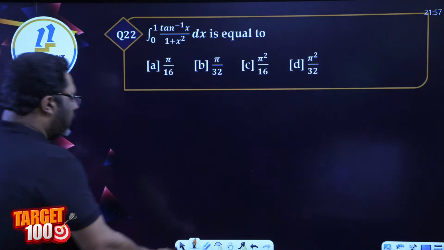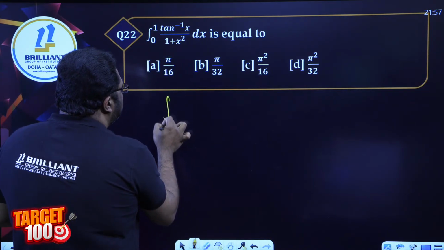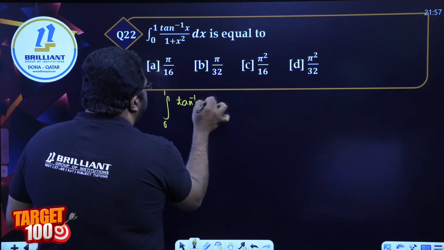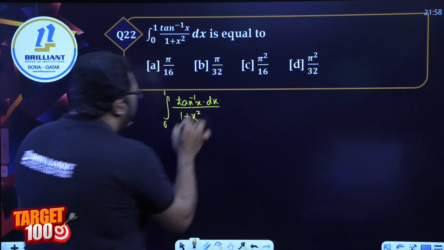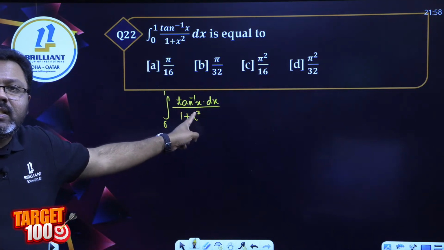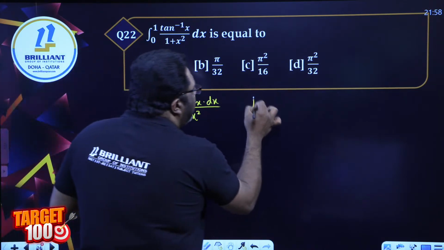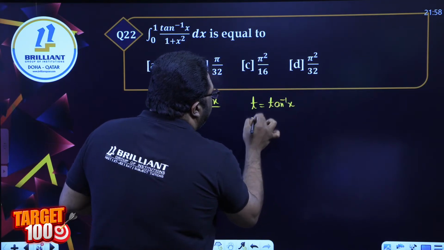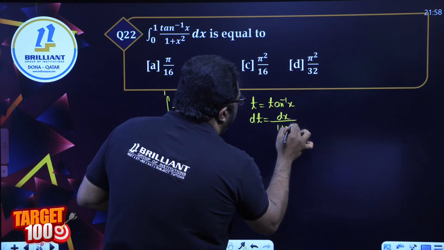Again, 0 to 1, the derivative form. The derivative of tan inverse x is 1 by 1 plus x squared. So if I put t as tan inverse x, what's the derivative? dx by 1 plus x squared, right?